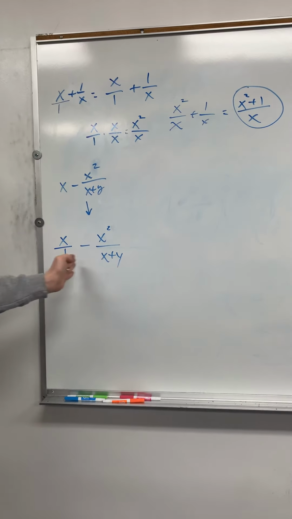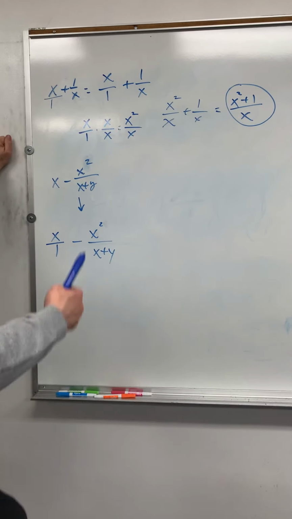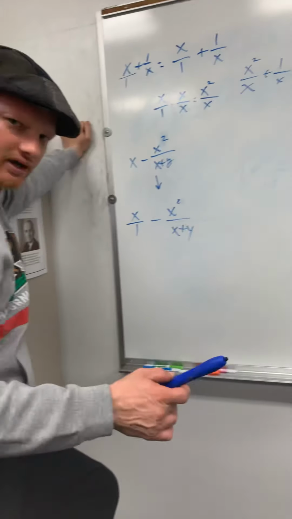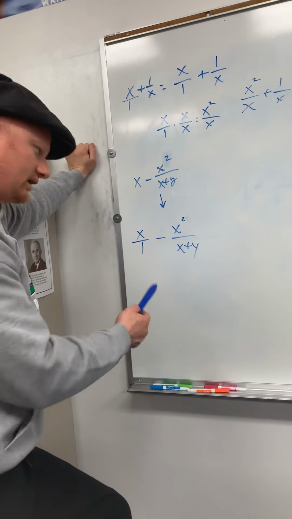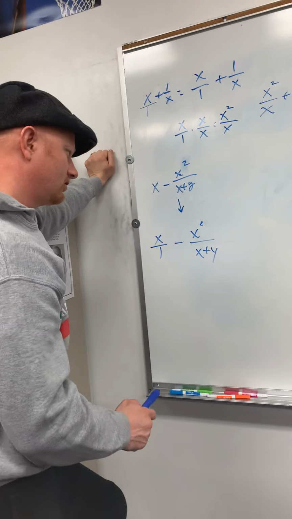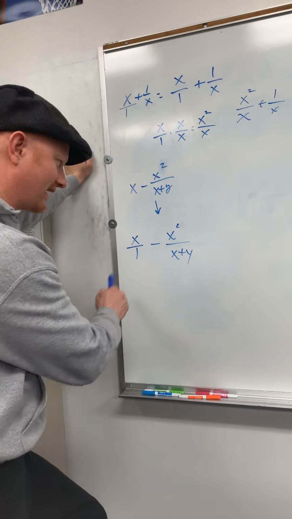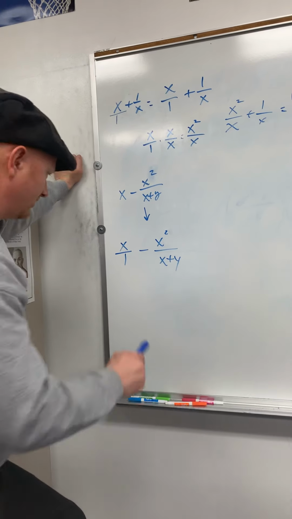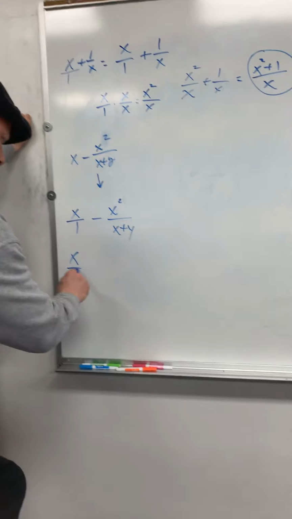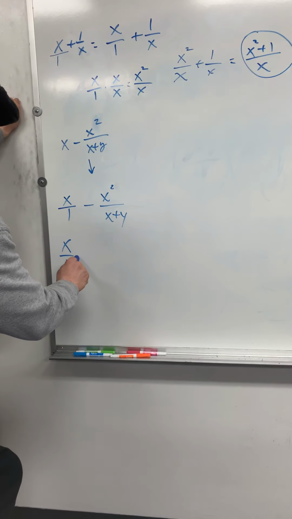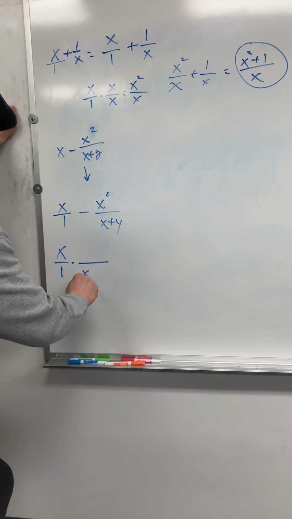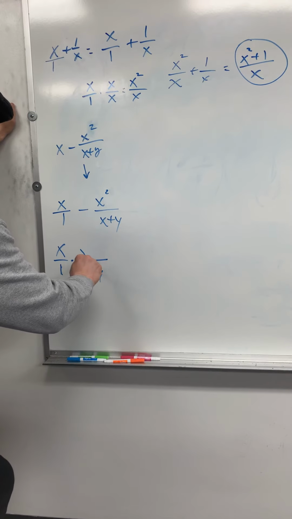So here's our new situation. Now, what do you think our common denominator is going to be? Exactly, it's going to be x plus y. So I need to take this fraction and make it into an equivalent fraction that has x plus y as a denominator. How am I going to do that? Well, x over 1 times x plus y over x plus y.